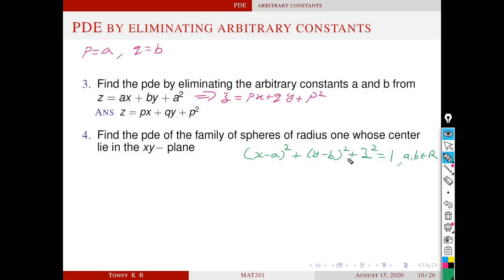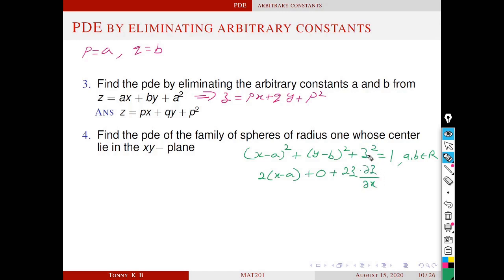So first we differentiate this equation with respect to x. Then what happened? 2 into (x minus a) plus 0, and this becomes 2z into the derivative of z with respect to x, using chain rule, because z is a function of x and y.